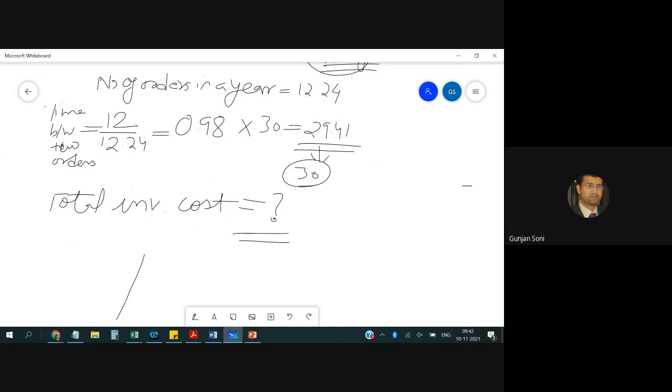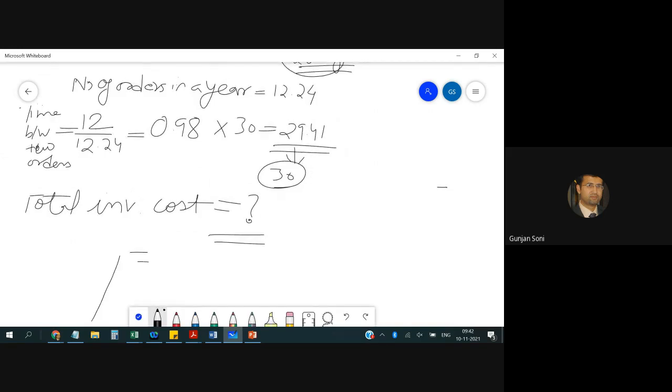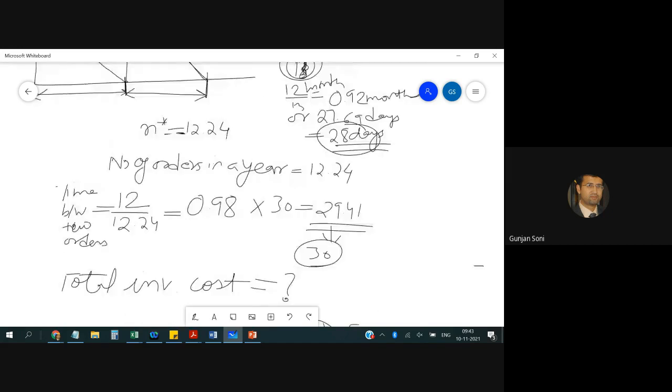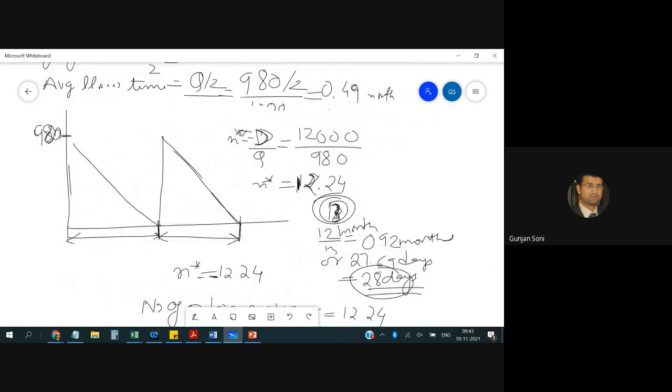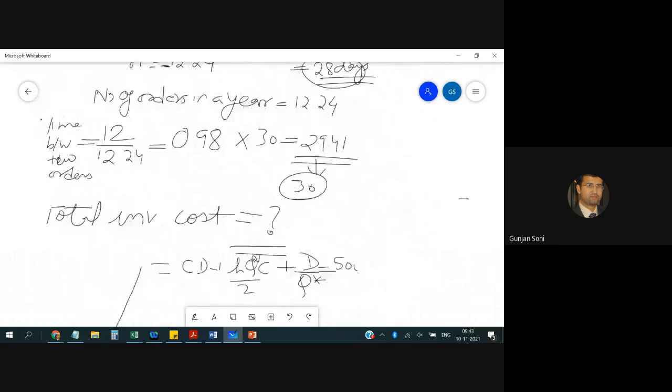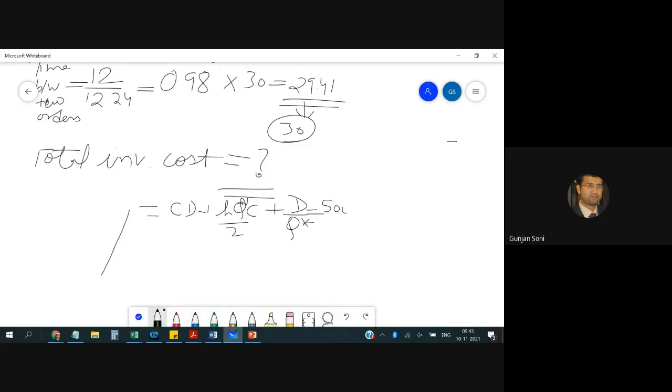So all you have to do is C into D plus H Q by 2 into C plus D by Q star, you can say. So, what was the value of C? 500. 500 into the demand.